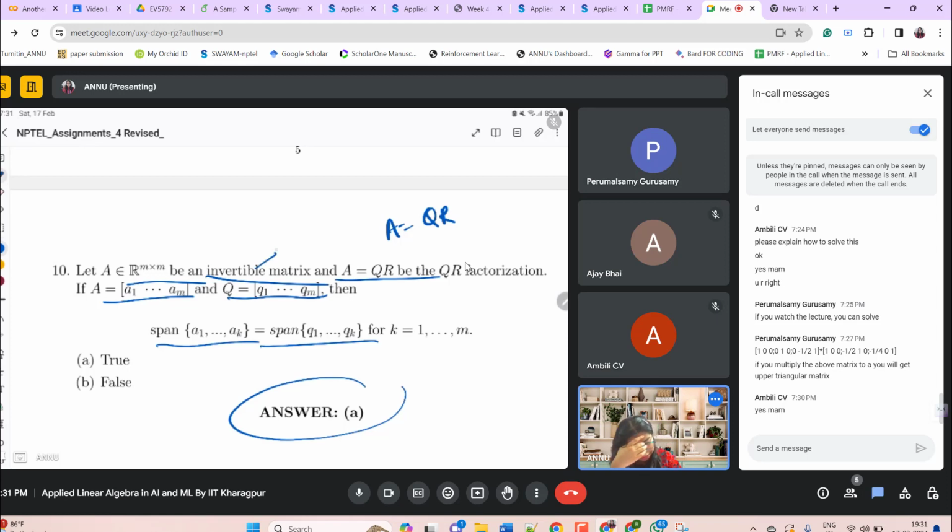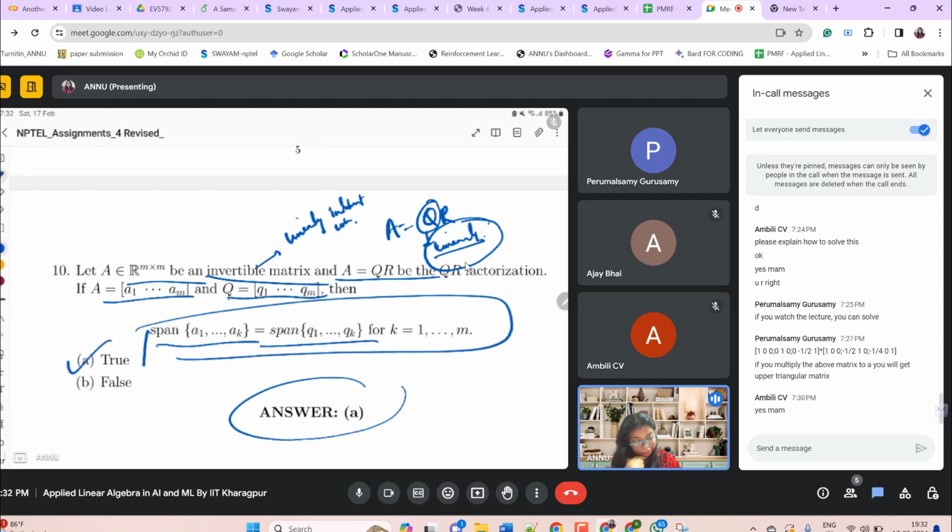Invertible matrix means linearly independent columns. If we equate it to a different matrix that also has linearly independent columns, because it is orthogonal, then it should be equal to the span taken by these linearly independent columns. So yes, that is true.